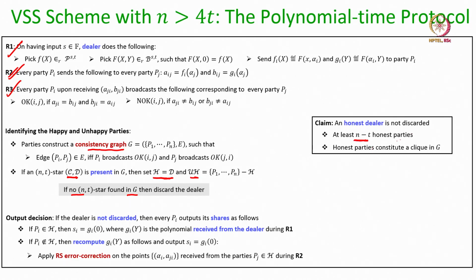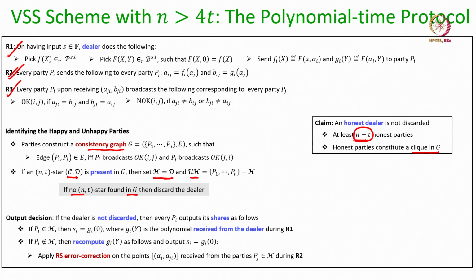pairwise consistency check, they will come to know that the pairwise consistency checks are positive, and as a result every pair of honest parties Pi, Pj will broadcast an OK message. That means they will constitute a clique in the consistency graph, and the size of the clique will be at least n minus t. And now, we can use the property of the star finding algorithm, which guarantees that if there is a clique of size at least n minus t, then the output will be some (n, t) star.